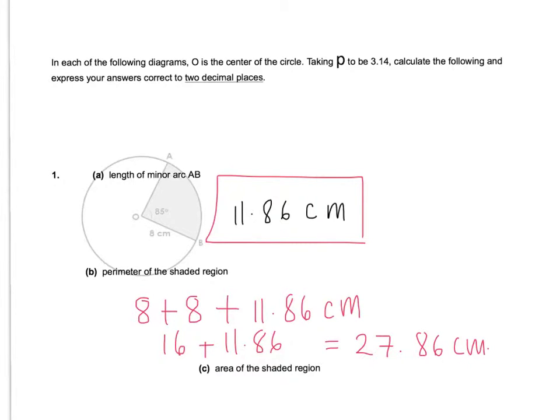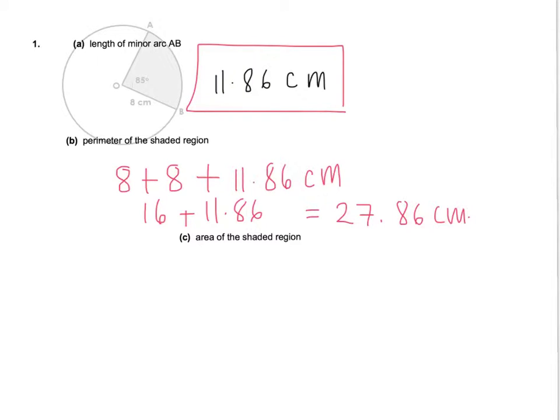That is the perimeter. Okay, is it clear? So the perimeter is the measure of the sides and the arc enclosing the shaded region. So it's the radius OA, OB plus the arc AB. Add all the numbers and then you will get the value for the perimeter.